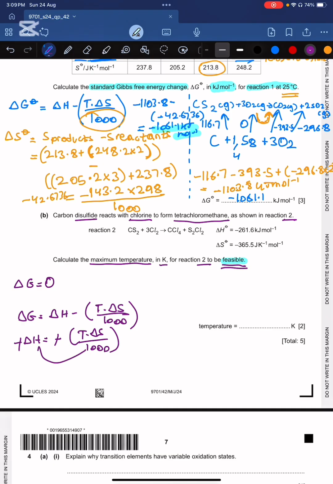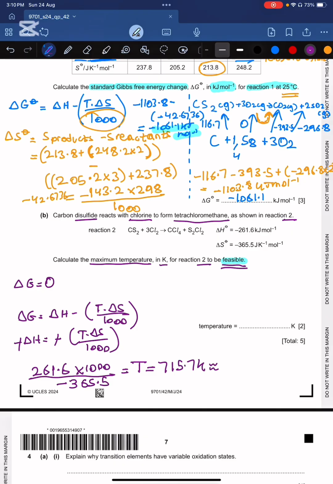Delta H becomes multiplied by 1000, which becomes minus 261.6 times 1000. And the delta S comes in the denominator, divided by minus 365.5, which equals the temperature. This temperature is already going to be in Kelvin, which is 715.7 Kelvin.